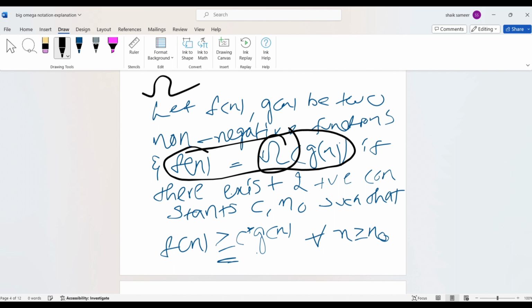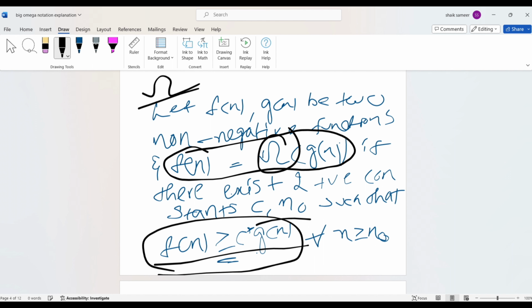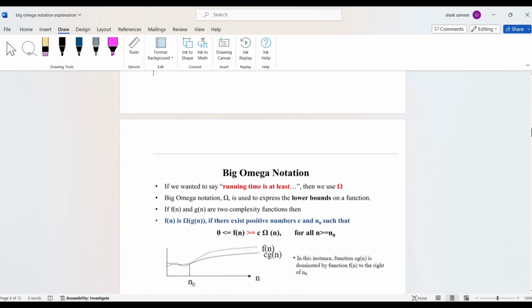If there exist two positive constants c and n naught such that f of n is greater than or equal to c into g of n, whereas in big O notation f of n is less than or equal to c into g of n. If you compare both definitions, you can identify the difference easily. So I recommend you watch big O notation once again.